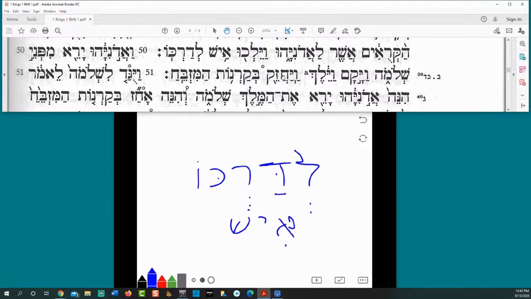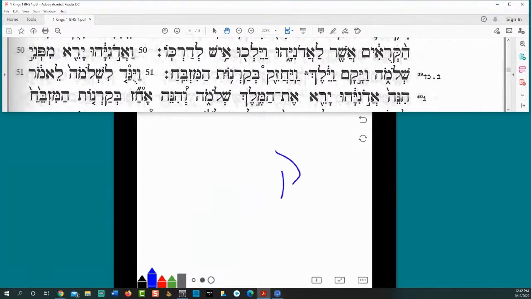It's hindered a little bit because of the chet up here. Vayachazek, and he grasped the bait here. This is chazak, takes the bait as the object marker. So, and he grasped what? The horns, again, keren.